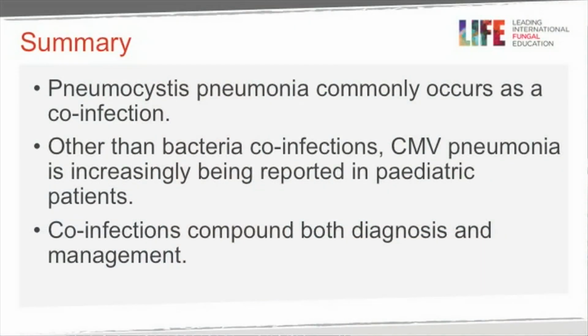So in summary, Pneumocystis pneumonia commonly occurs as a co-infection, and other than bacterial co-infections, which we obviously know about, Cytomegalovirus pneumonia is increasingly being reported in pediatric patients, and co-infections confound both diagnosis and management of Pneumocystis pneumonia.